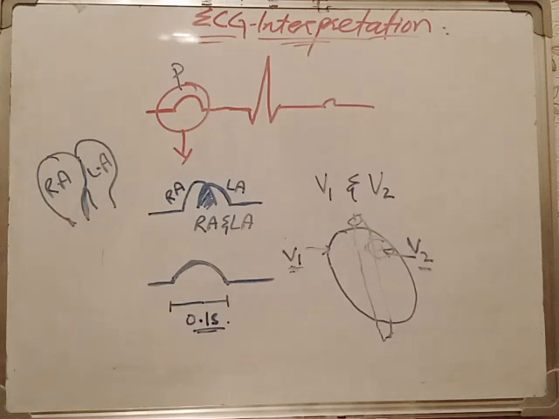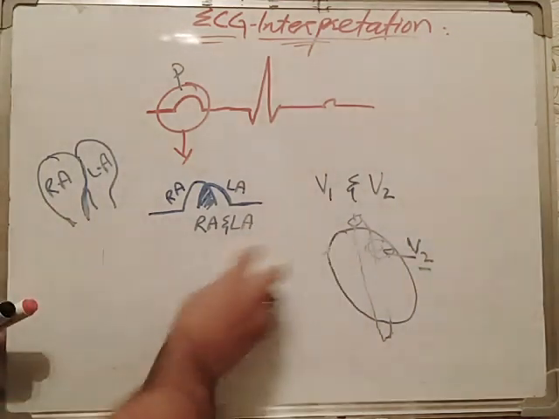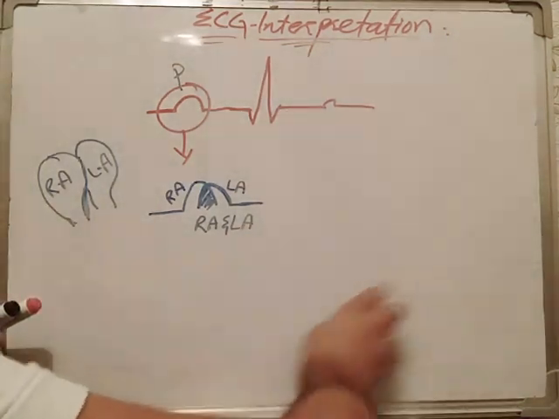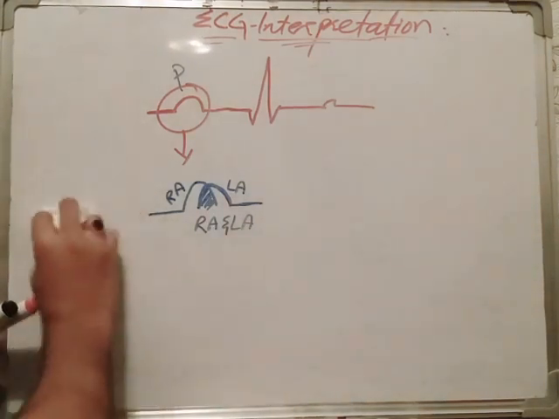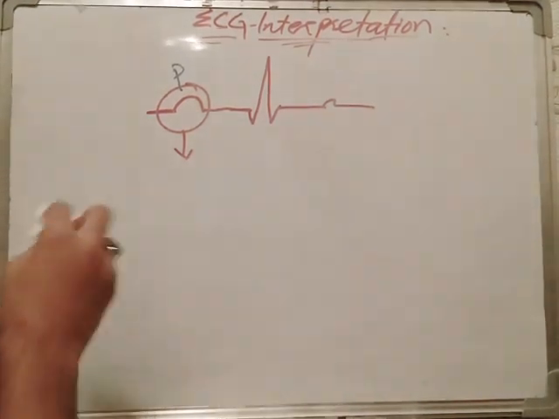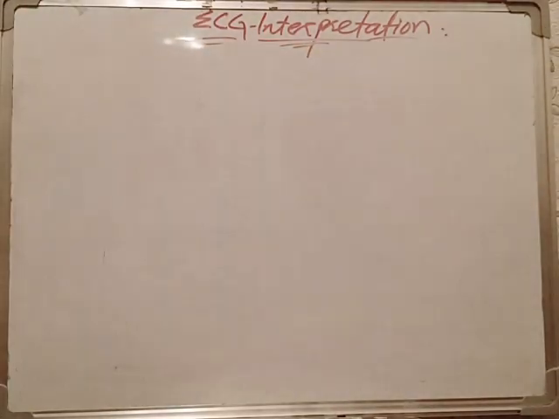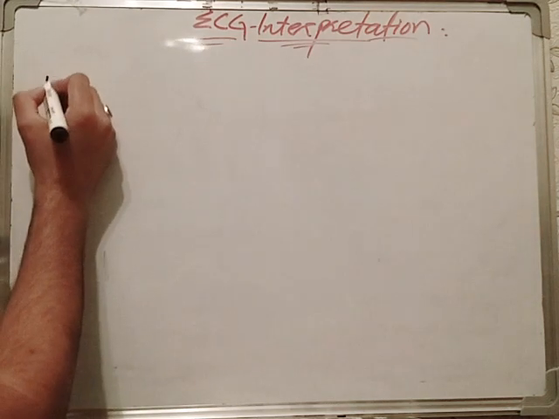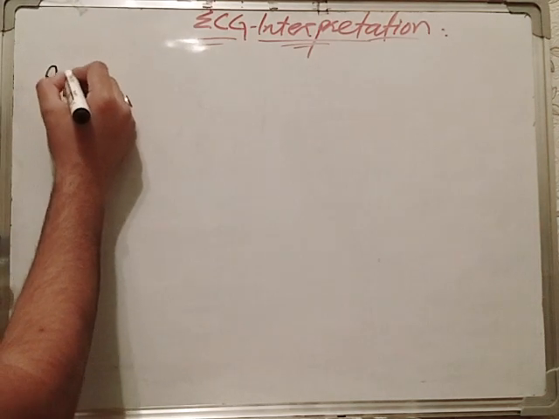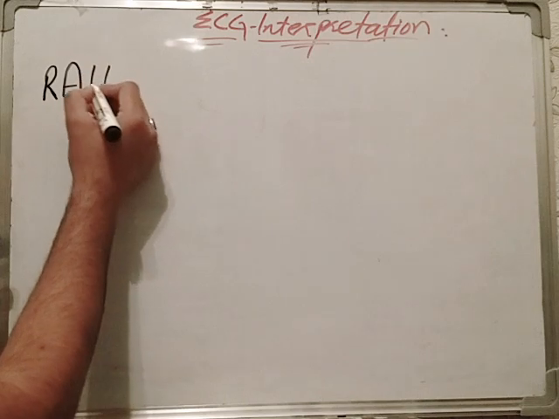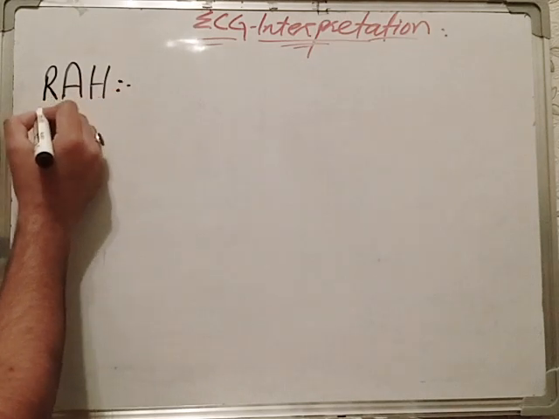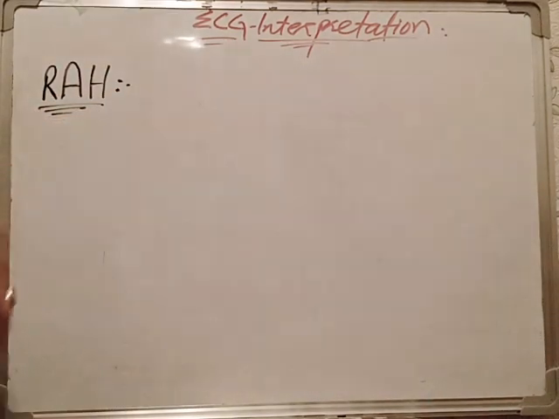So let's go through the hypertrophy. In case of right atrial hypertrophy, what will be the changes?